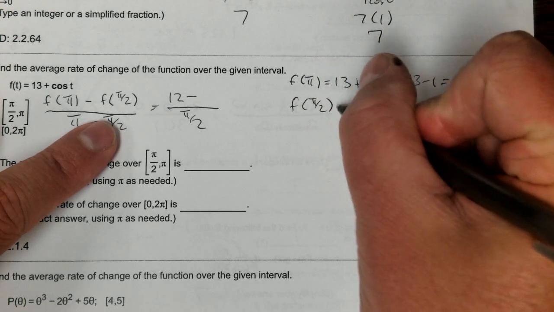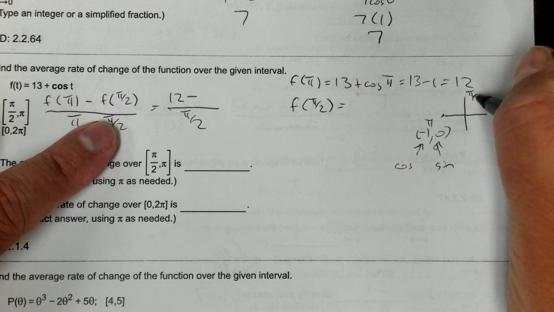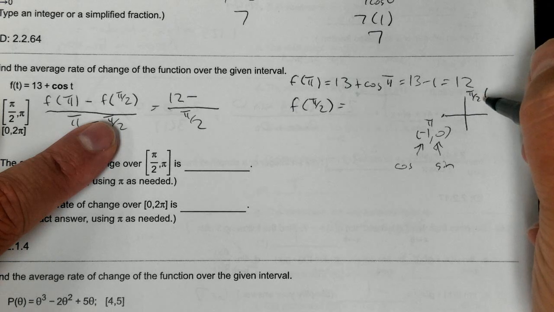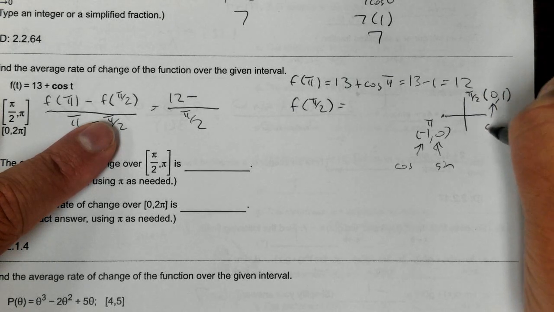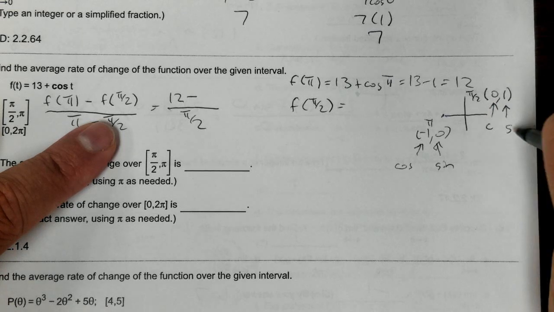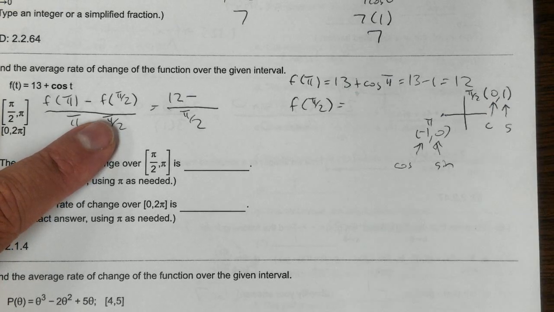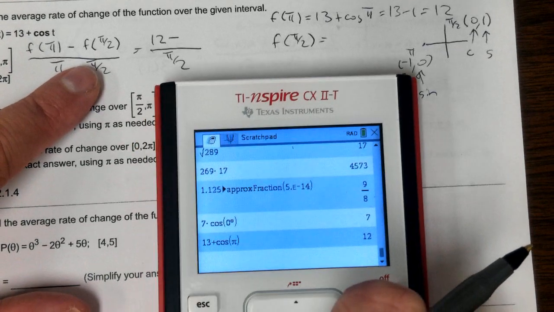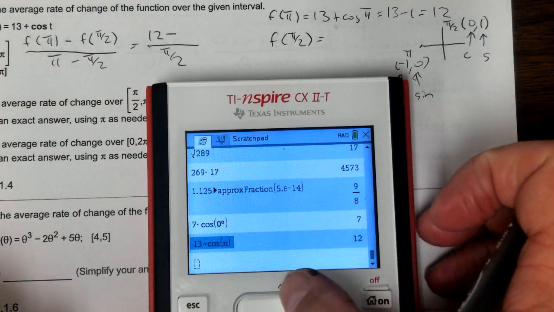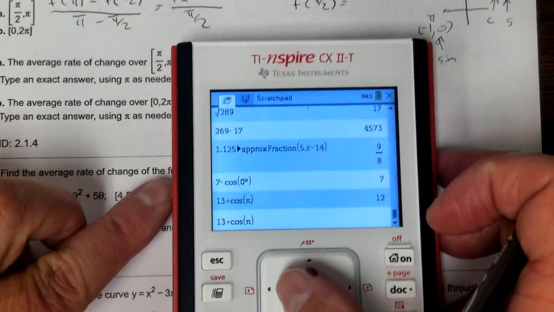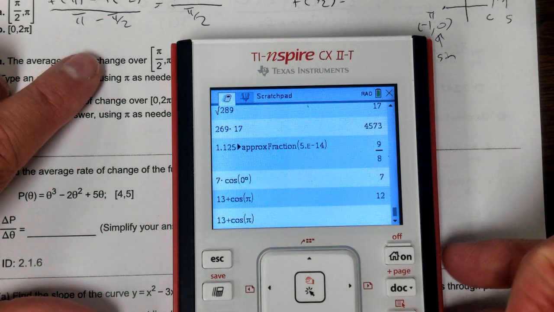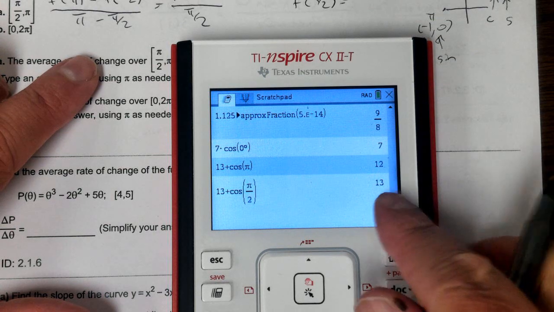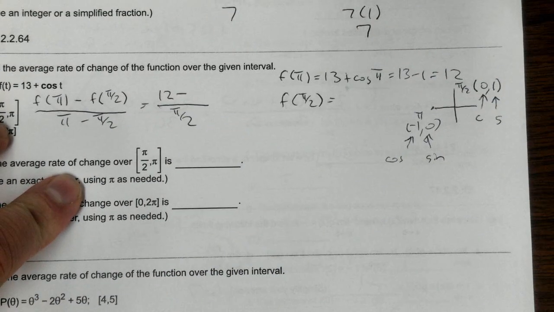F of pi halves would be like this. Okay, at pi halves is 0, 1. So your cosine would be 0, your sine would be 1. So if we have 13 plus cosine pi halves, that gives us 13.